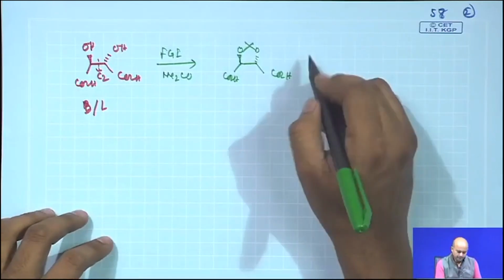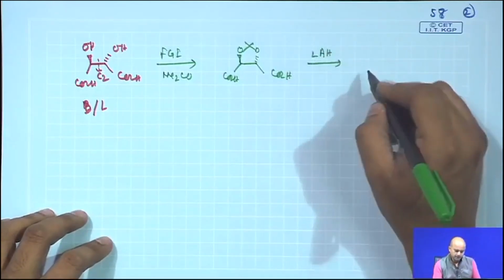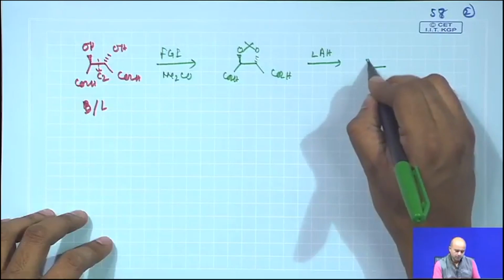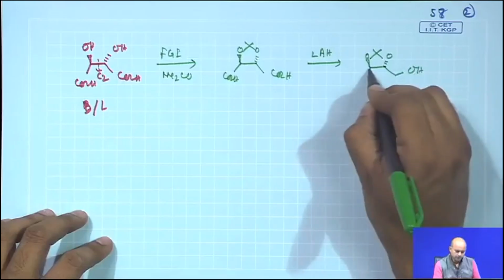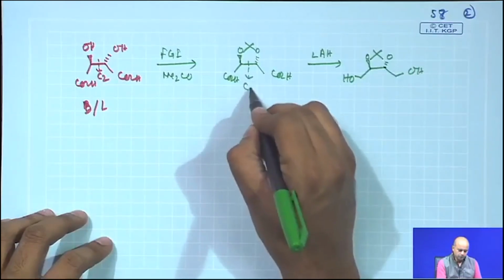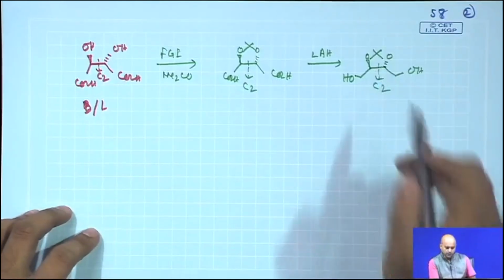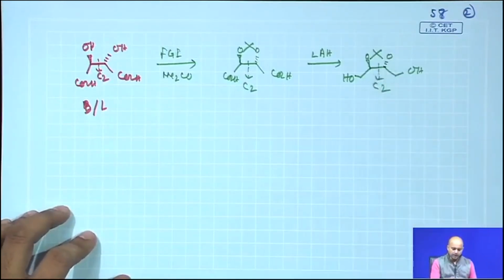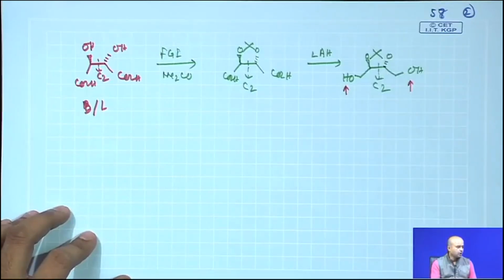Now I put excess lithium aluminum hydride here, so both carboxylic acids will be converted to CH2OH. C2 remains here, the symmetry element remains. By doing this, this CH2OH and this CH2OH are homotopic.